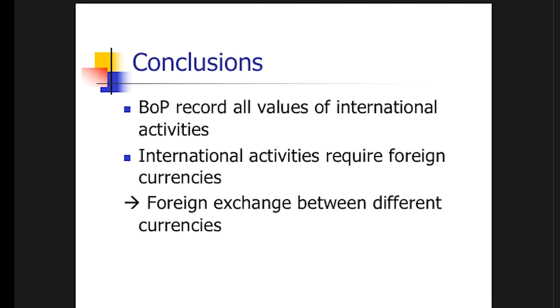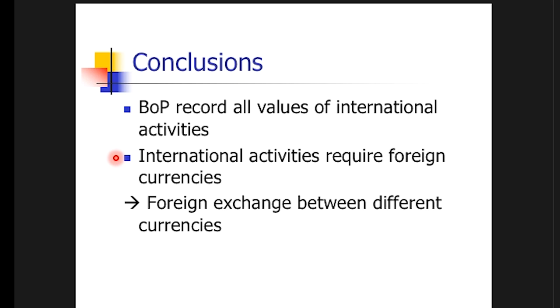After we introduce the balance of payments, we can see that the balance of payments records the transactions or values of international activity. And there is a fact that international activities always require foreign currency.